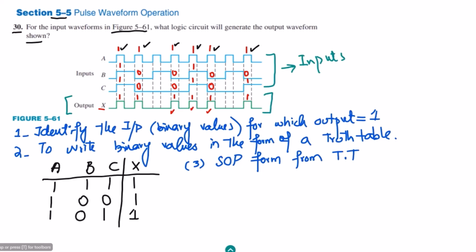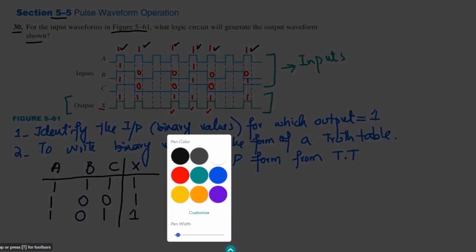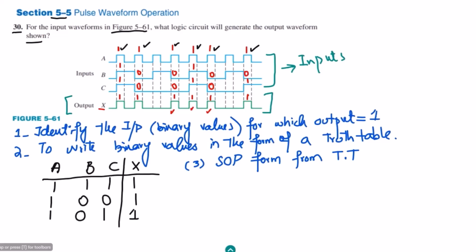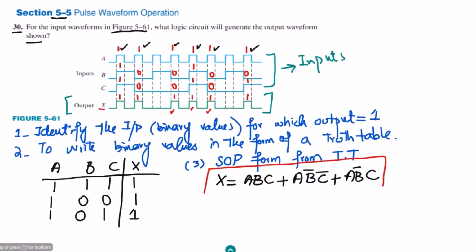From this truth table we can very easily see that the SOP form will be X equals ABC plus A B complement C complement plus A B complement C. Okay, so this is the SOP form for the truth table which we have here.